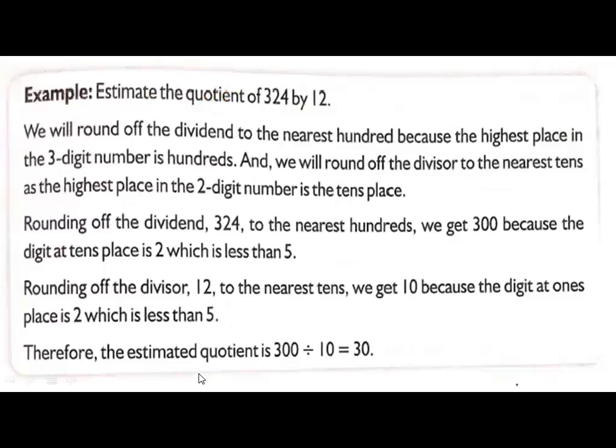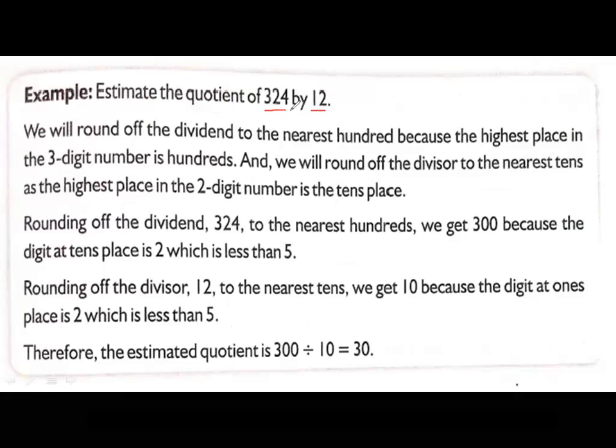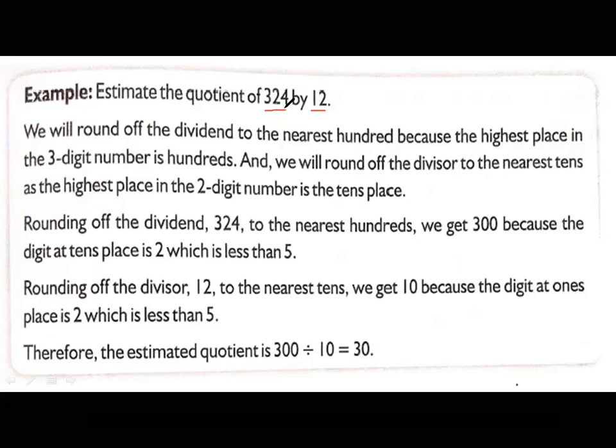Now let's see one example. Estimate the quotient of 324 by 12. We are going to round off the two numbers. What is the first rule? You have to see the number. It is a 3-digit number, so the highest place value is 100.